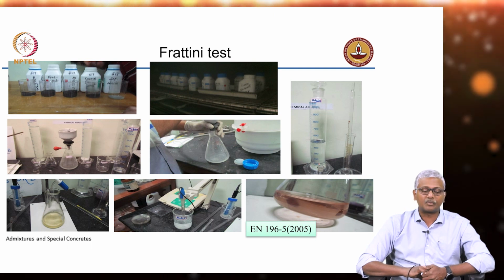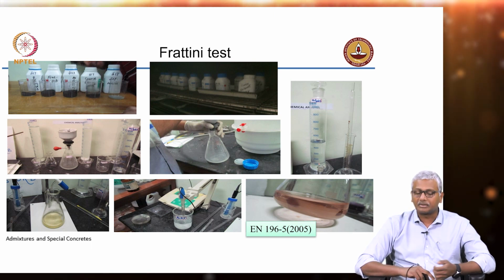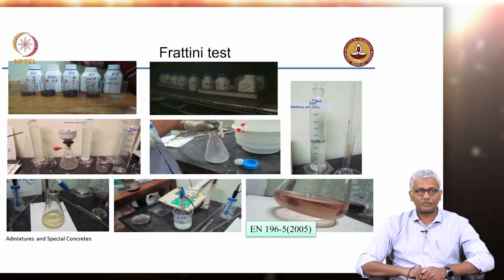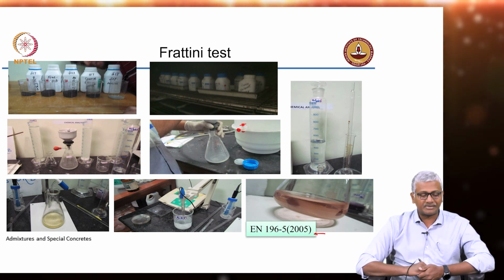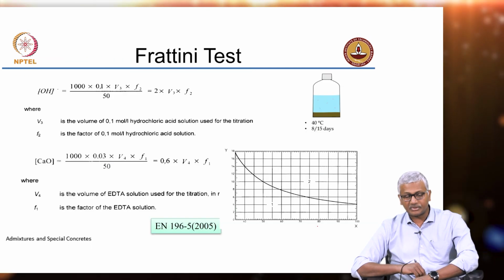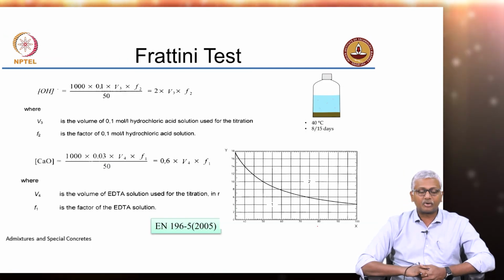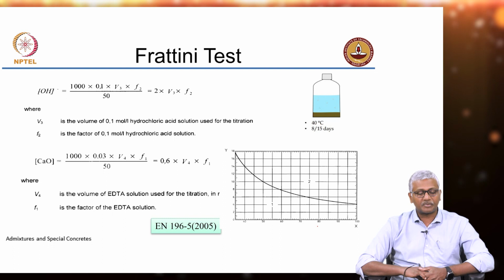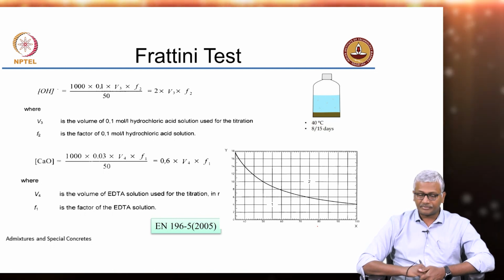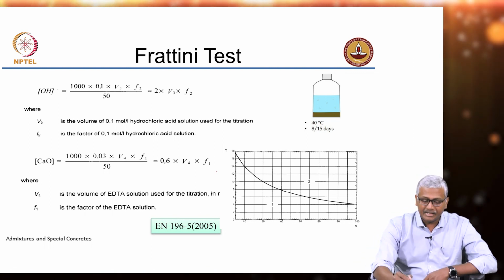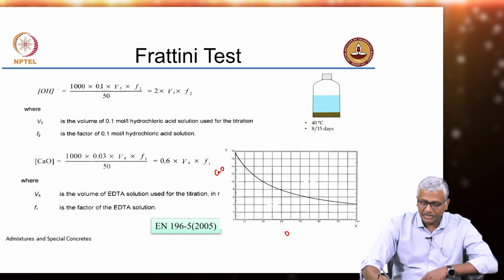To determine the calcium oxide content, from time to time you do a chemical titration based evaluation. I will share the standard with you so that you can read this in more detail, and based on that you can establish the hydroxyl ion concentration and the calcium oxide concentration at any given time, and plot that in this graph. This graph basically is the calcium oxide concentration versus hydroxyl concentration.